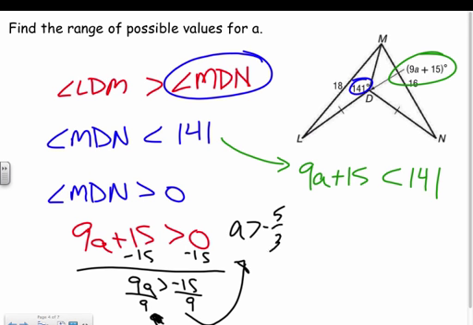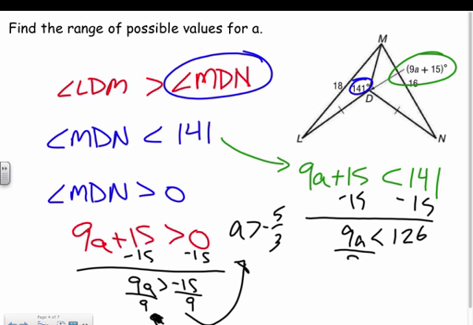And over here I subtract 15, and we have 9a is less than 126. And then we divide by 9, and a is going to be less than, well, 9 goes in there once, so 3 left over, 36, 4, less than 14.